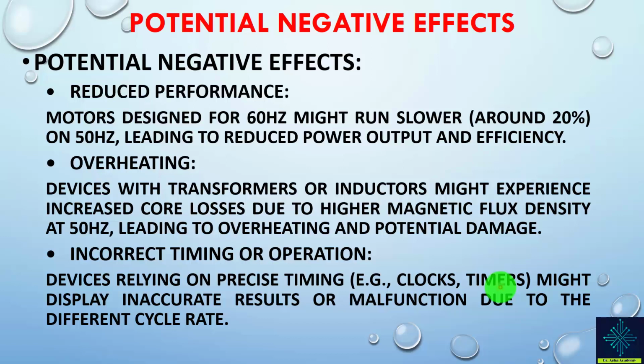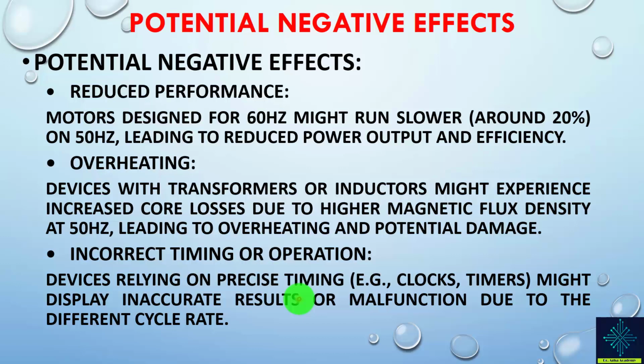They will display some inaccurate results or malfunction due to the different cycle rates. Again, the mathematical issues I'll discuss later, but you'll expect some malfunctioning or wrong or inaccurate results.